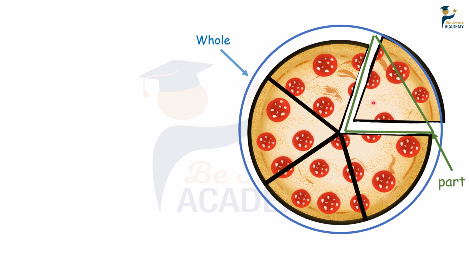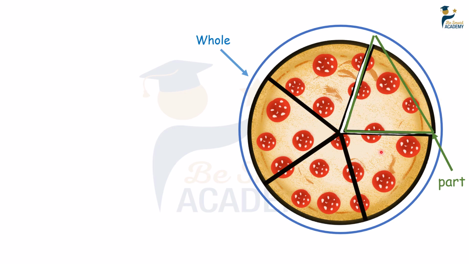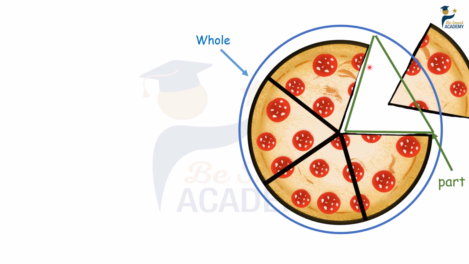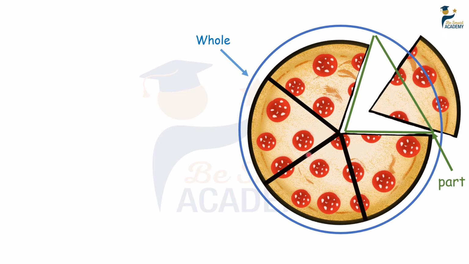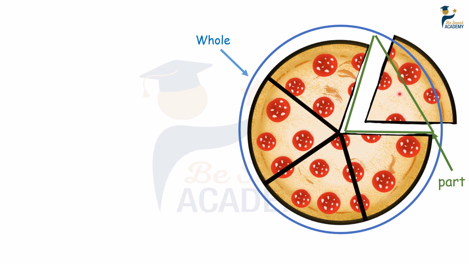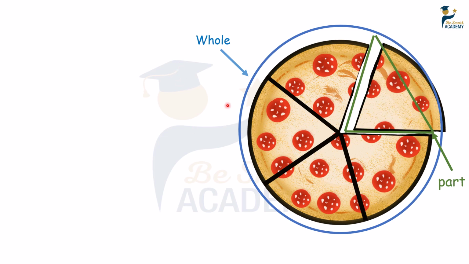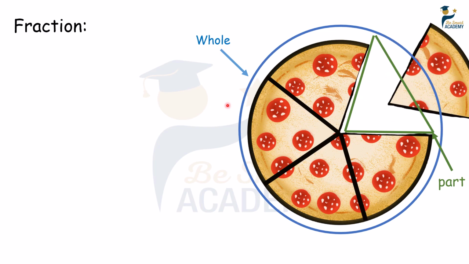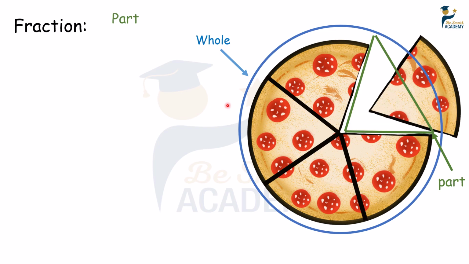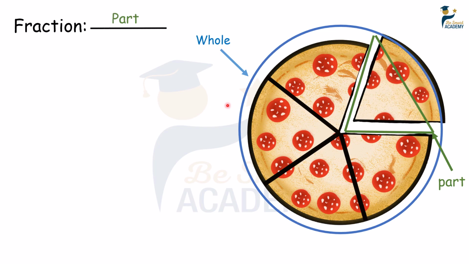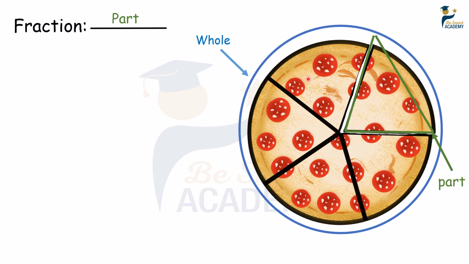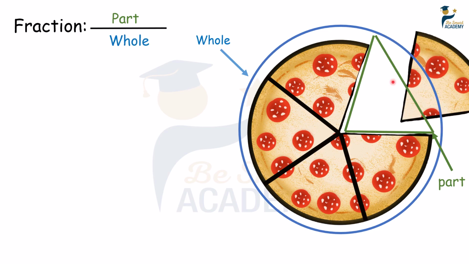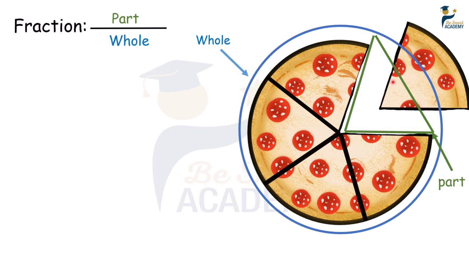So if the pizza is cut into 1, 2, 3, 4, 5 equal slices and you take one, then here we are talking about fractions. The fraction shows us how many parts you take out of the whole equal parts.